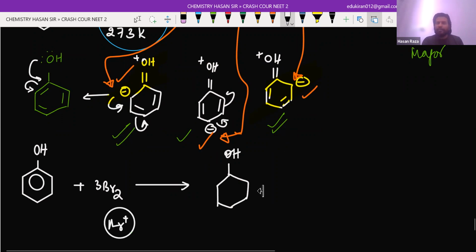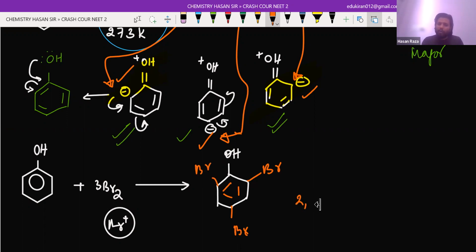So this will attack at whatever site is suitable. You saw that there are suitable sites because there was negative charge at ortho, at para, and again at ortho. So this will be your 2,4,6-tribromophenol.